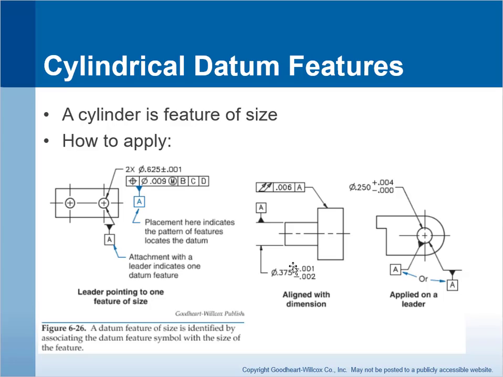In this case, we have a datum aligned with a dimension. Then the feature of size, the cylinder, is the datum. And what we have here is 2 different ways of applying a datum to a hole using a leader.